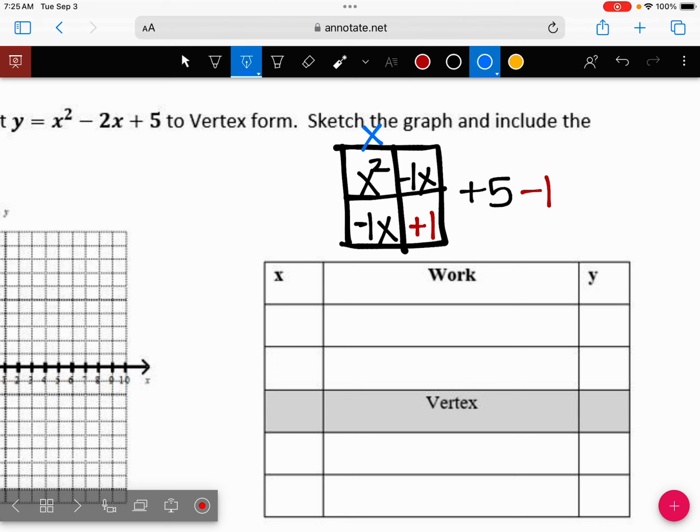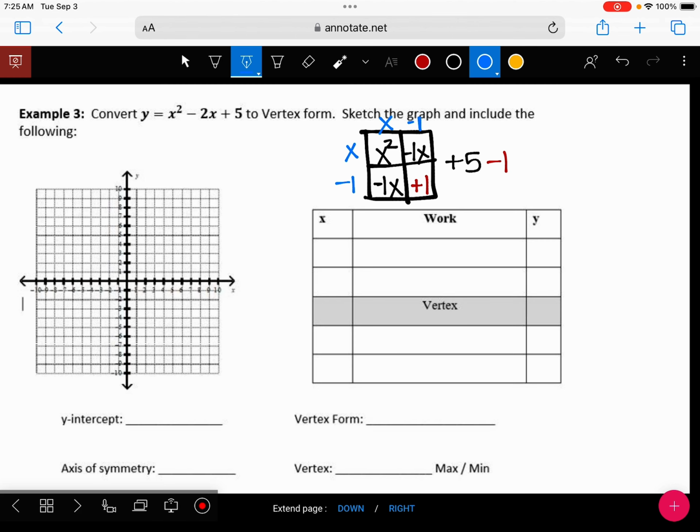So we take out our GCFs. So our vertex form would be y equals x minus 1 squared. And then what is 5 minus 1? 4, plus 4.